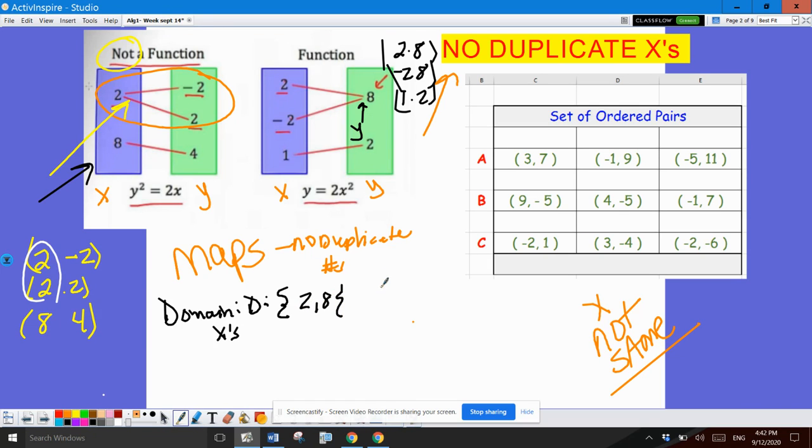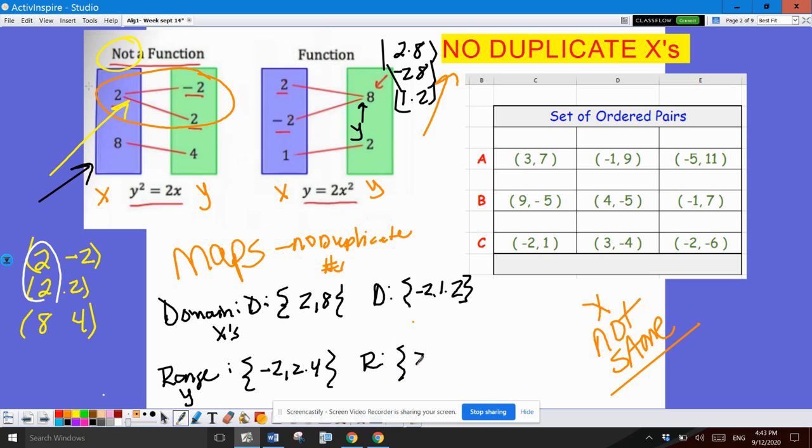The domain of the next set would be -2, 1, 2, because remember, they have to be in numeric order. The range is going to be our y's, so same thing, in numeric order, no duplicates. -2, 2, and 4. And the second one would be 2 and 8. Those brackets are kind of hard to make, so at the minimum, just do a squiggle.